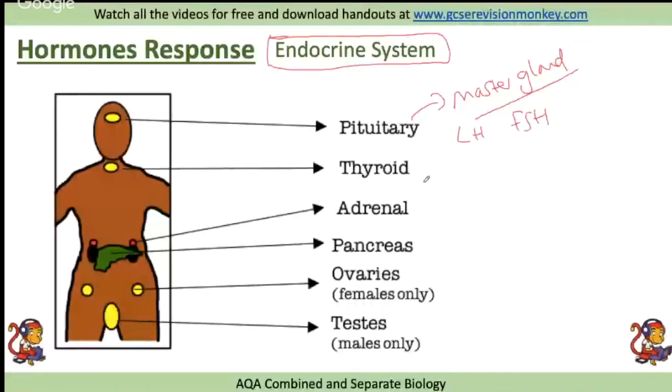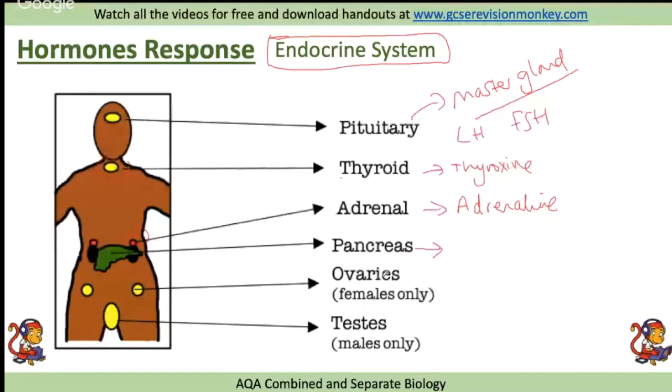The thyroid gland is in your neck. That produces thyroxine, which controls your metabolism. The adrenal glands are just above the kidneys there. That releases adrenaline. The pancreas releases many hormones, and make sure you're talking about hormones and not enzymes when you're talking about the pancreas in this paper.